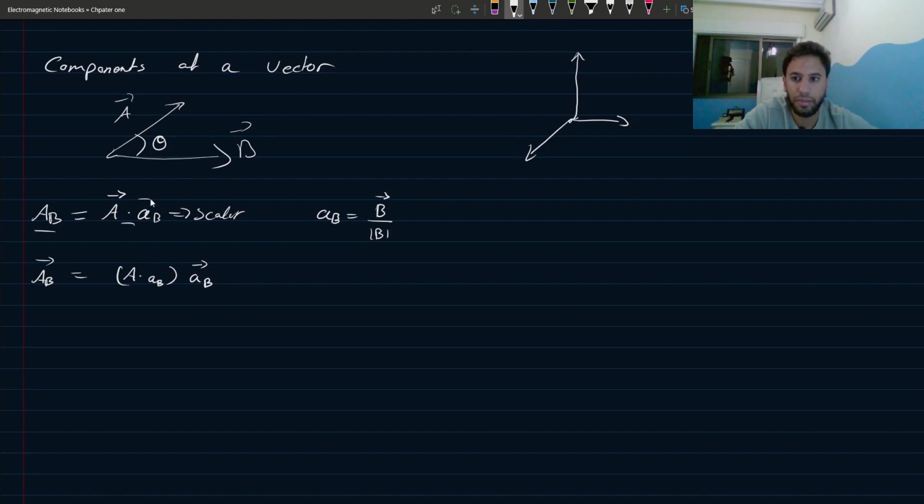Again, just like that, you now have the vector of A along B. This is a vector. You just multiply the unit vector again, and just normal multiplication. And that's how you do it.